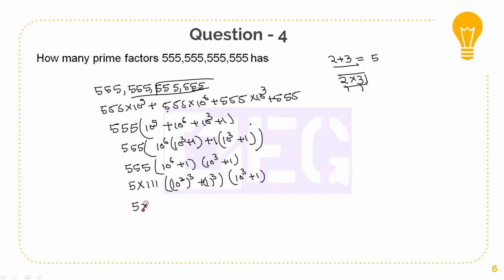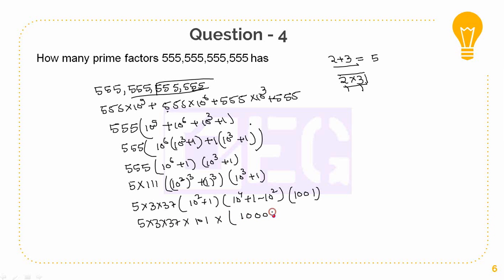So 5 into 3 into 37 into 10 square plus 1 into 10 to the power 4 minus 10 square plus 1, using a cube plus b cube equals a plus b into a square plus b square minus ab. This 10 cube plus 1 is 1001.